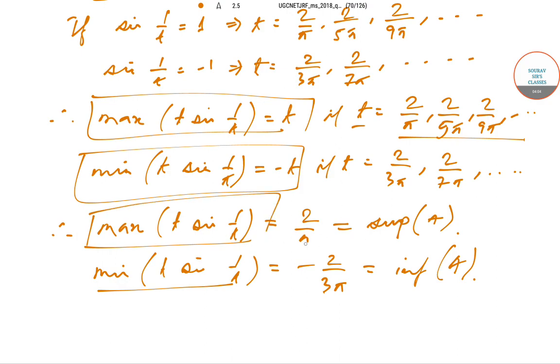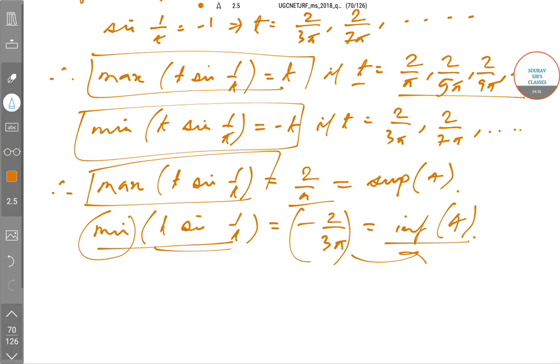For the maximum part we can write it like this, but for the infimum of A, t sine 1 by t is greater than some minimum value, and that minimum value is minus 2 by 3 pi, which is the infimum of A. So my minimum of t sine 1 by t is basically in that context and not the other way around.